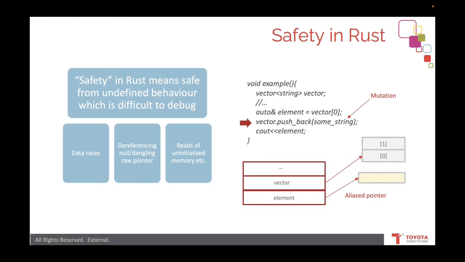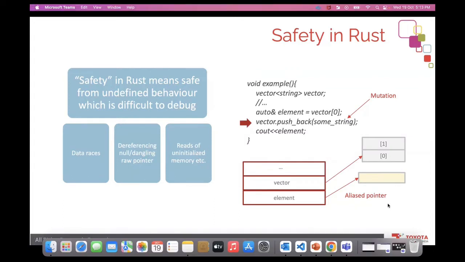So it cannot initialize the value, and we also need to allocate a new location to store the data. In that case, there may be a problem if we initialize a new chunk of memory and the element is still pointing to the previous memory segment. So to avoid such a situation, we want to avoid mutation and aliasing at the same time.